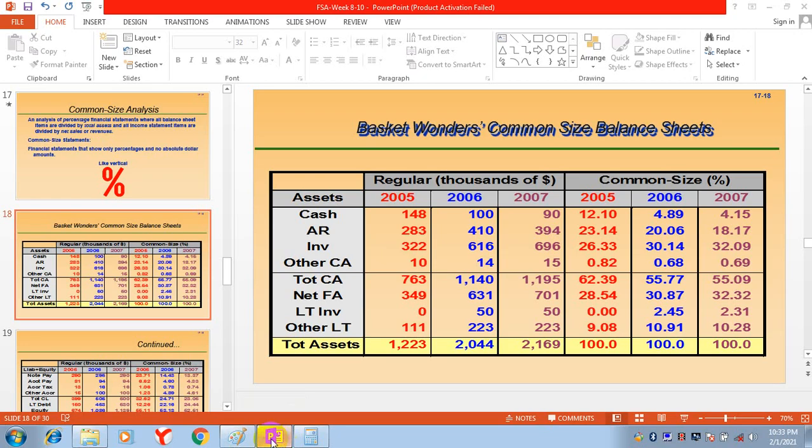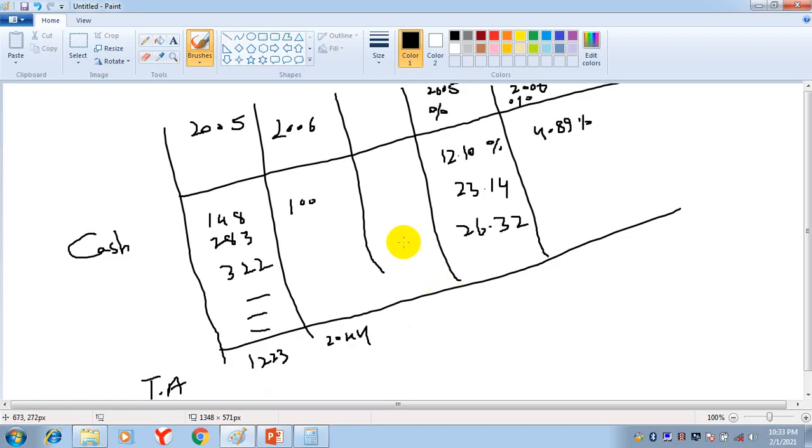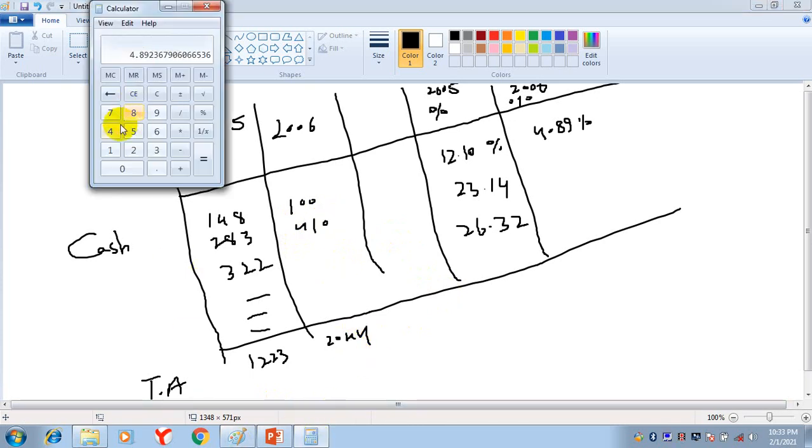Similarly, now take the second item, 410. 410 divided by 2044 multiplied by 100 to convert it to percentage.